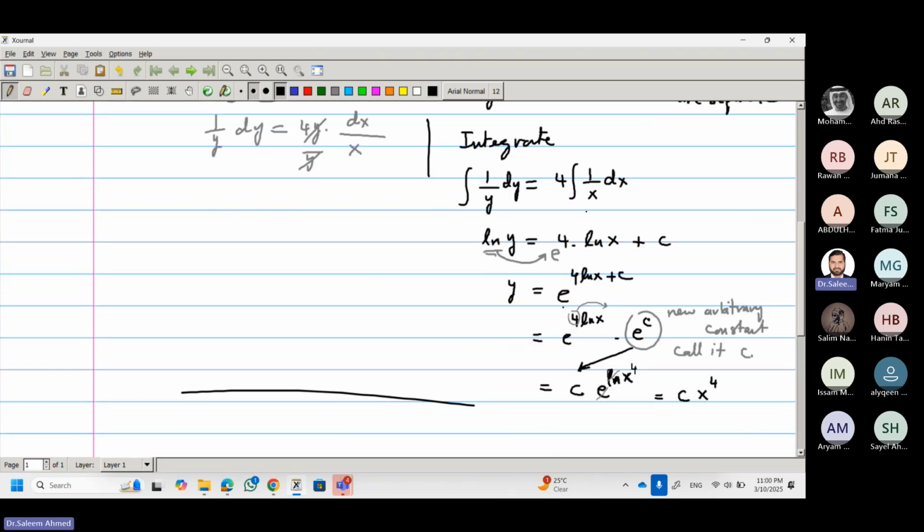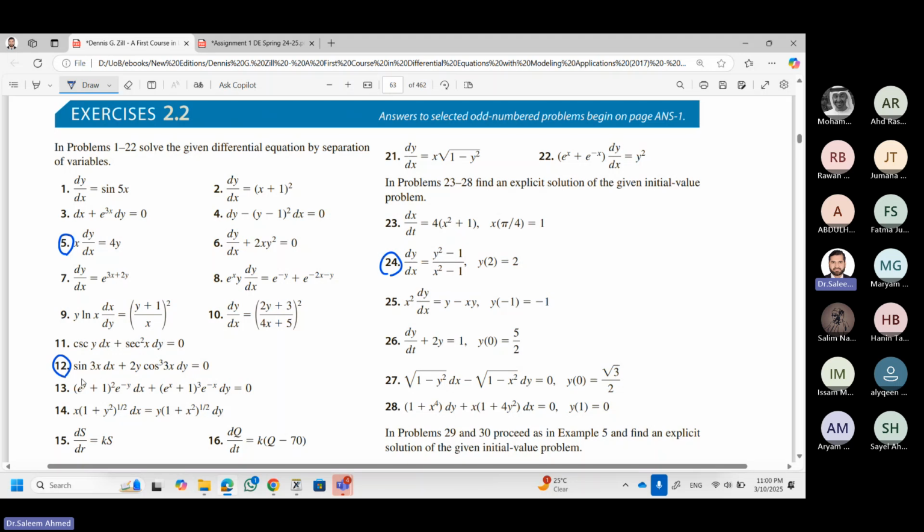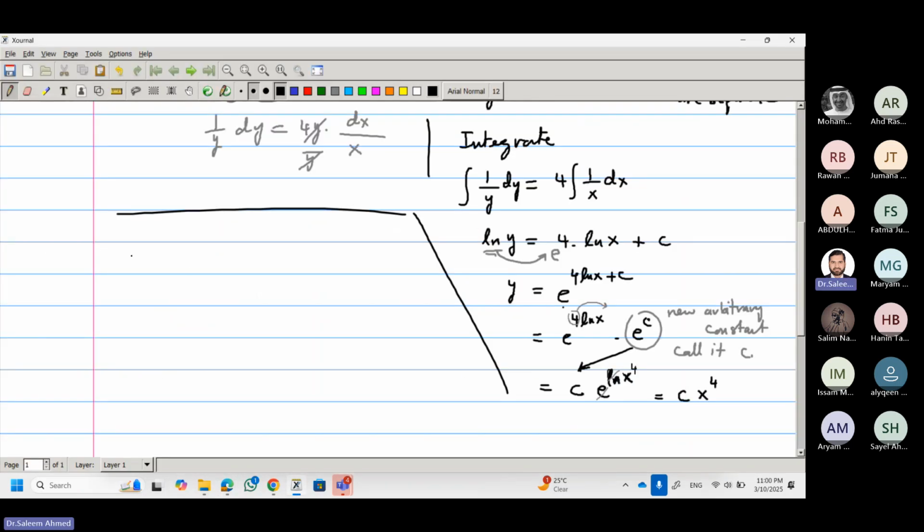So in separation of variables, this is what you have to do. Let's say I can separate the variables for this equation as well, and then you can simplify and solve it. Or this one, 24, you can divide y and x. So dy by dx is equal to y square minus 1 over x square minus 1.